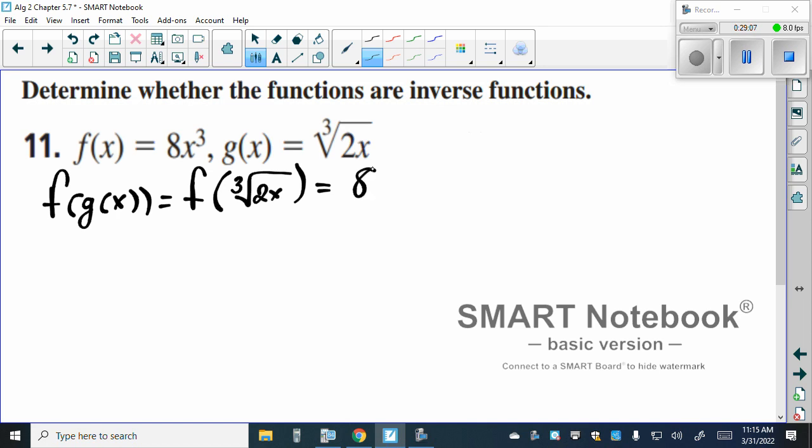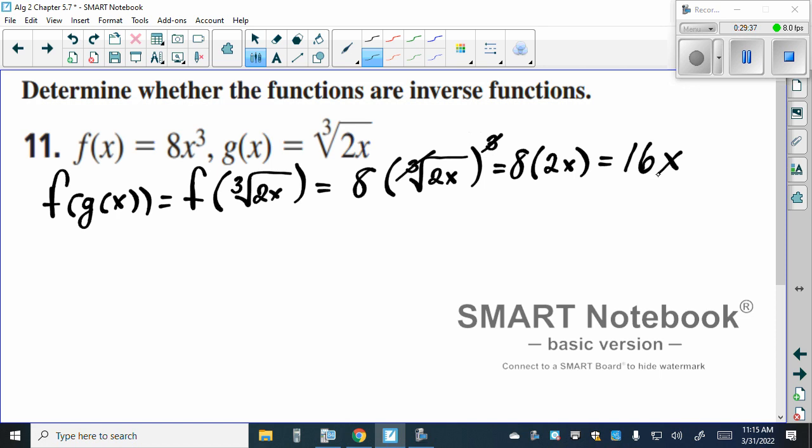Now this will give us 8 times the cubed root of 2x, cubed. Now this one here is kind of nice because the cubed root and the cube will cancel each other out. They'll simplify each other out. Which gives us 8 times 2x.